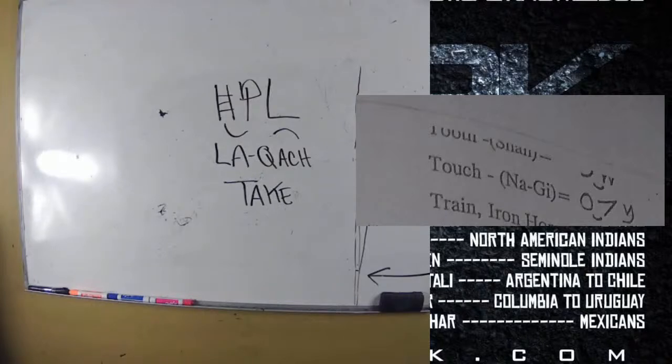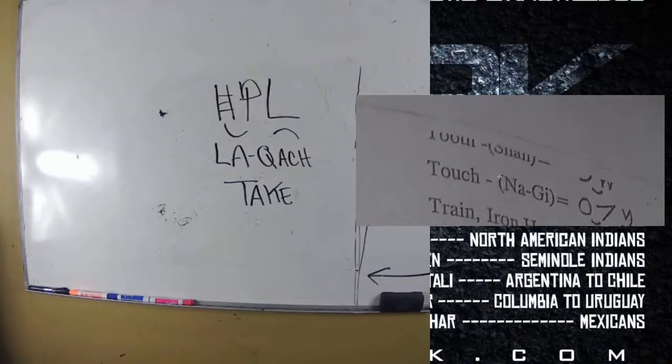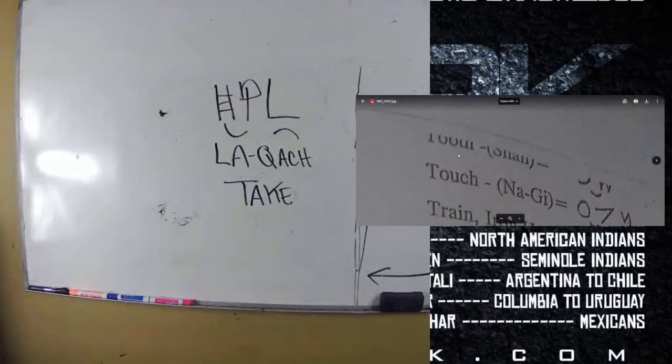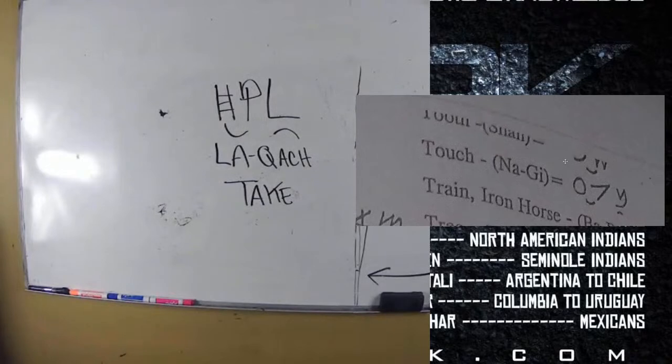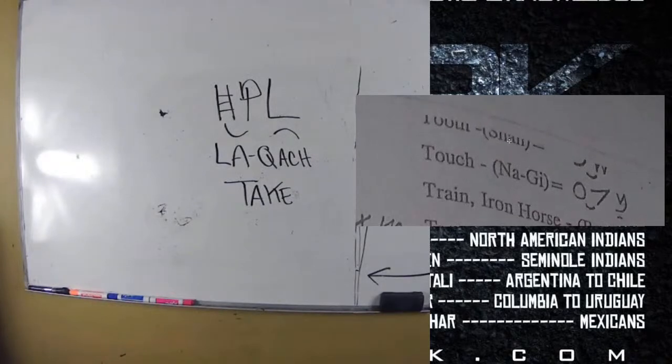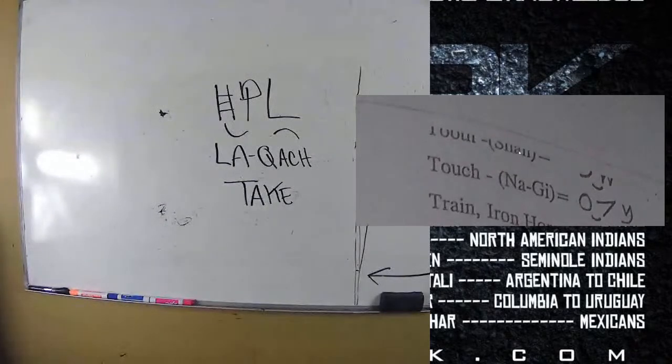Or Shun. Oh, that's what it is. It's saying Shun. It might be tomb. That looks like the letter M. Tomb looks like Shun. Tomb. I think that's what it's saying. Tomb. All right, let's do it.